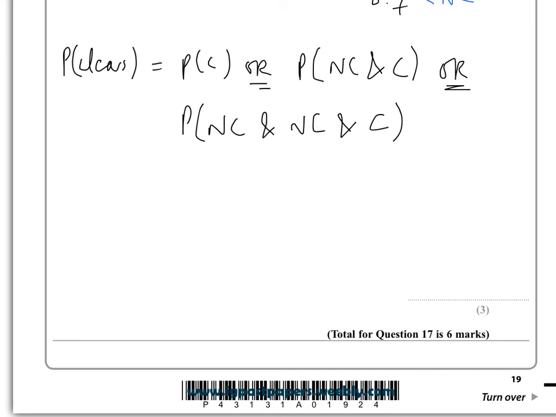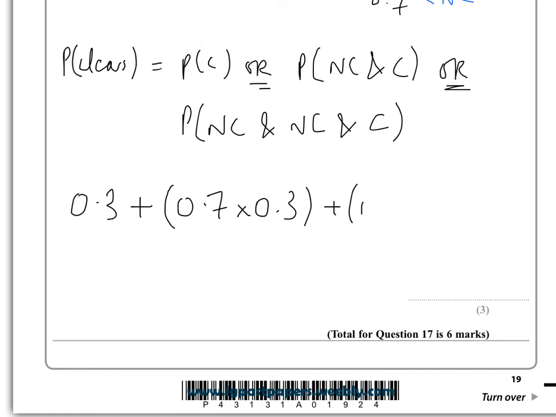So the first bit, which is the probability that he clears it, well, we know that that is 0.3. Then it says or, so we add that, and now we need the probability that he doesn't clear it multiplied by the probability that he does. So it's 0.7 times 0.3, and then finally again we need the probability that he doesn't, then doesn't, and then does in the third go.